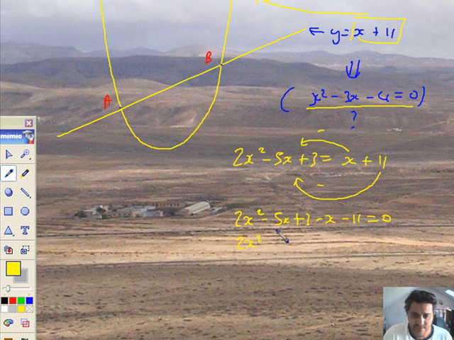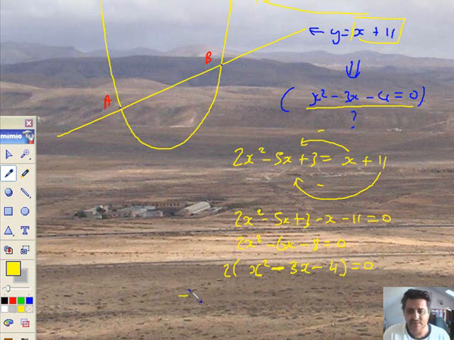2x squared is on its own, minus 5 minus 1 is minus 6x, and 3 minus 11 is minus 8, equals 0. Now I can factorise that, I can see that. So 2 times x squared minus 3x, because 3 twos make 6, and factorise that as well, get the 2 out of that one, that would be minus 4, and that equals 0.